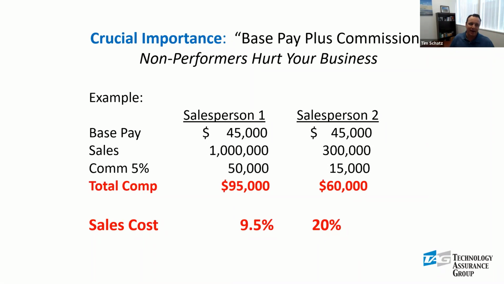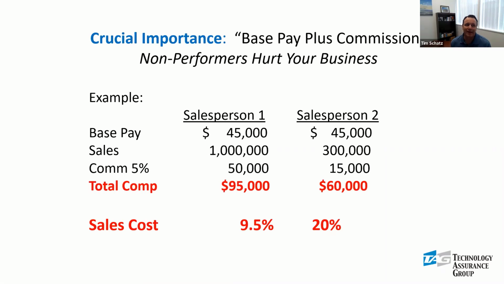Not saying you can't pay a base. We've kind of resigned ourselves to the fact that we have to pay a base, but we need to make sure that those people that we pay a base to are going to be more like Courtney and less like Tim. It's very difficult to be profitable when you look at an individual person's sales and you add their base plus their commission and you divide that by the amount of sales that they were personally responsible for over that same period.